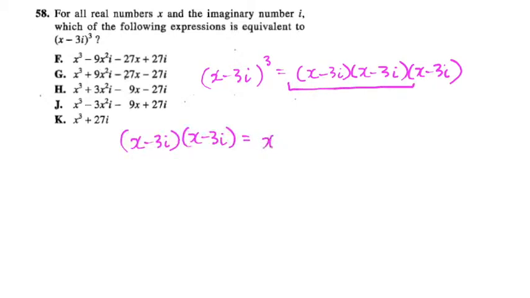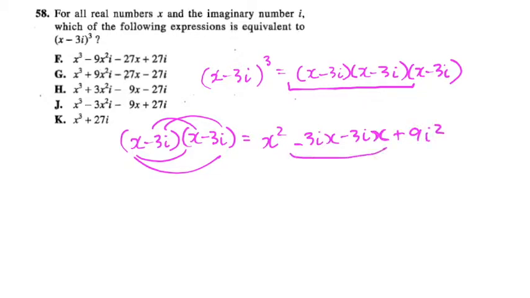So first is going to be x squared, and then minus 3ix inner, minus 3ix last, plus 9i squared. These middle terms we can combine. That'll be minus 6ix.